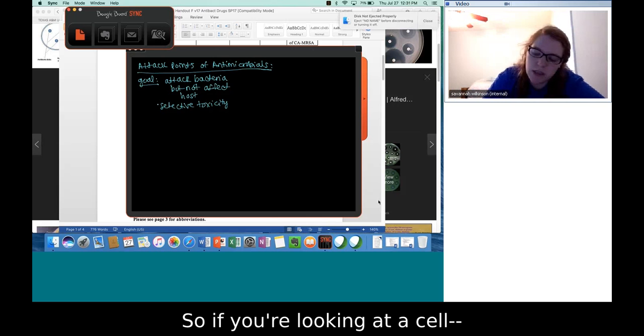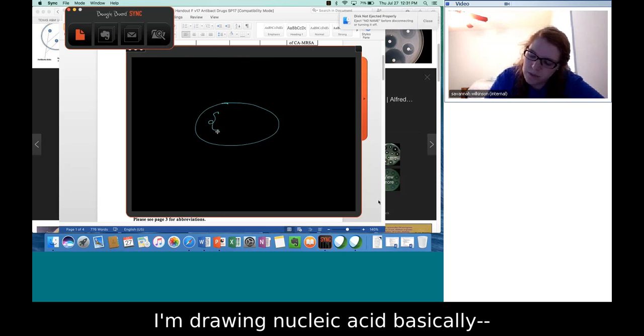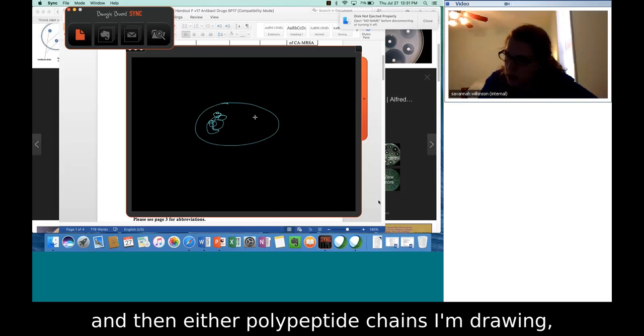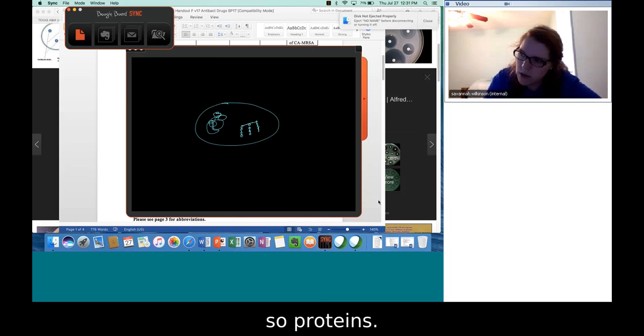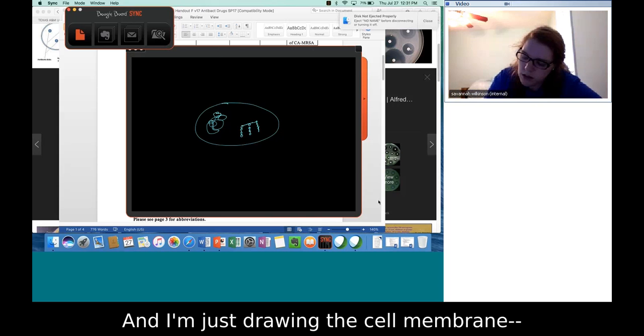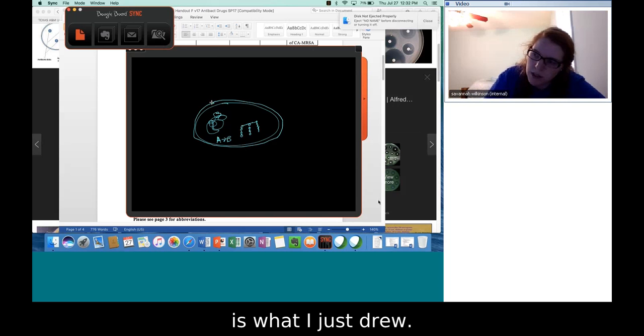So if you're looking at a cell, I'm drawing nucleic acids basically, and then these are polypeptide chains I'm drawing, so proteins. And I'm just drawing the cell membrane, and the cell wall is what I just drew.